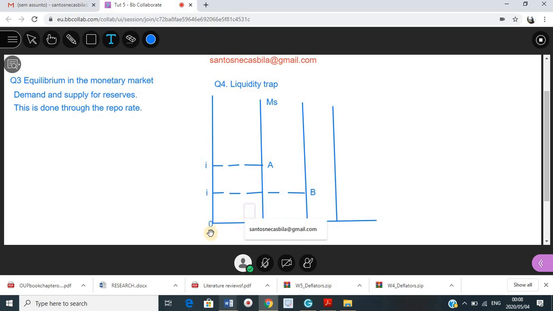From this point onwards, what is going to happen is that here we'll have our point C. And from this point onwards, if the central bank keeps increasing money supply, people are going to be indifferent between holding money or holding bonds, because both of them pay the same interest rate, which is 0 interest rate, right?